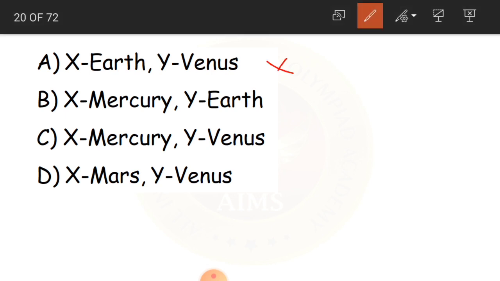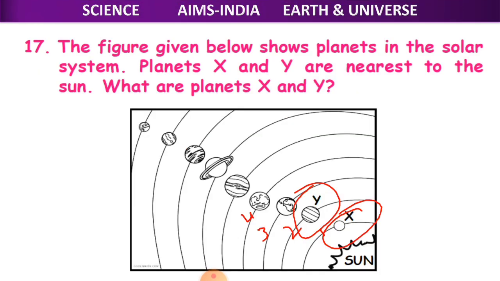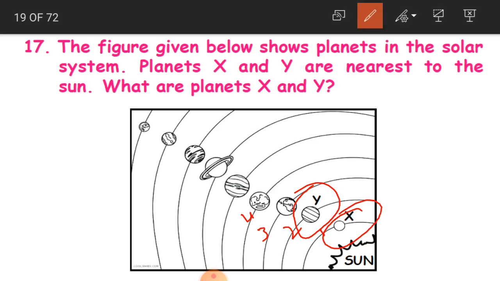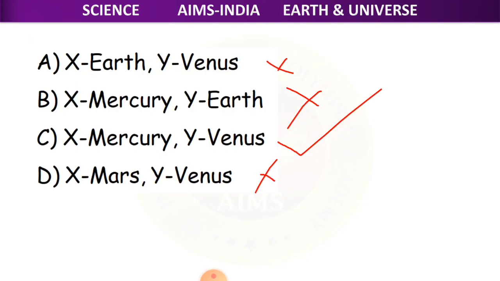X Mercury, Y Earth. Wrong. X Mercury, Y Venus. This is right. Okay, and again this is also wrong. So here X, that is the first planet, is Mercury, and the second one is Venus. Clear?